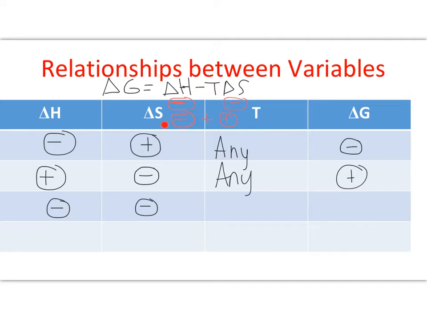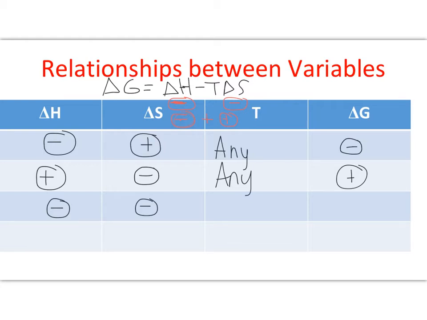In other words, this value here for enthalpy, the numerical value, has to be larger than this, so that when you take your T delta S value and add it to the negative delta H value, you need it to stay below 0. You need the delta G value to stay below 0 to be negative. And the only way that can happen is if this value, the T delta S, is a smaller value numerically.